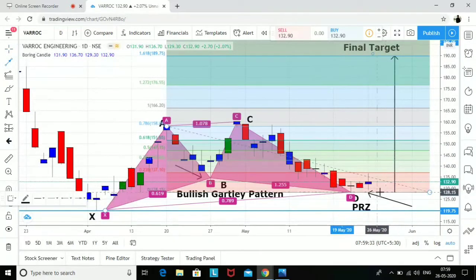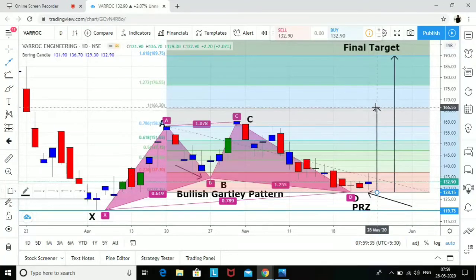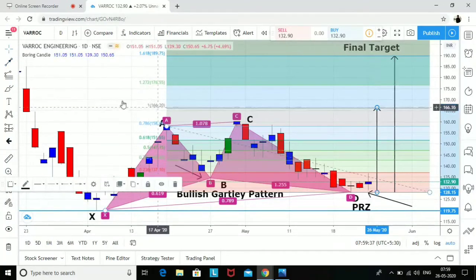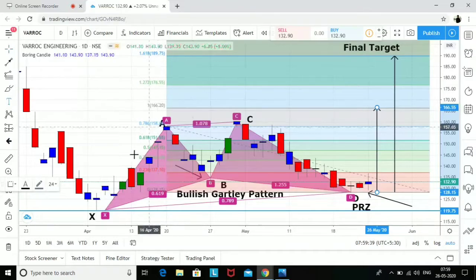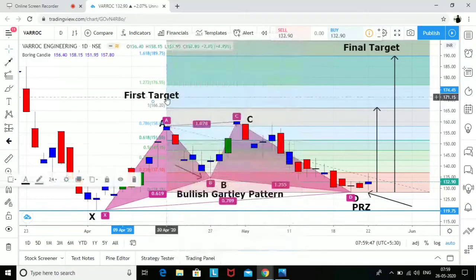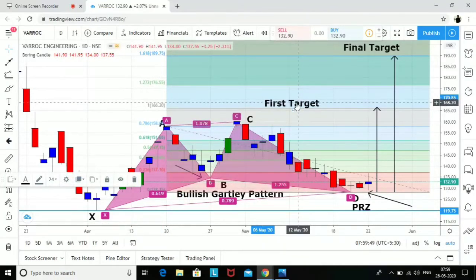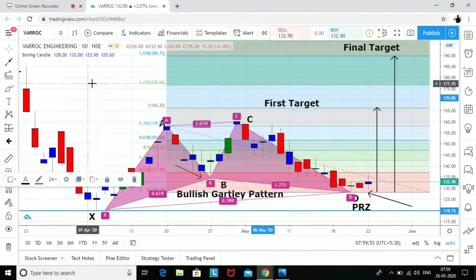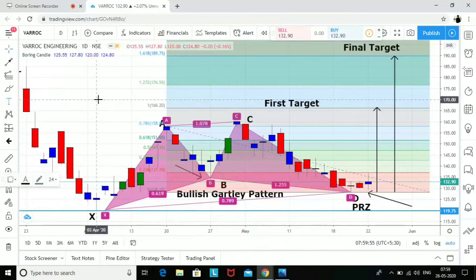I will always look for three targets. The first target which I always look for is 1. So here in this case it is 166.20. So first target would be the 1, which is this one. The moment your first target is hit, you can always take a partial profit.